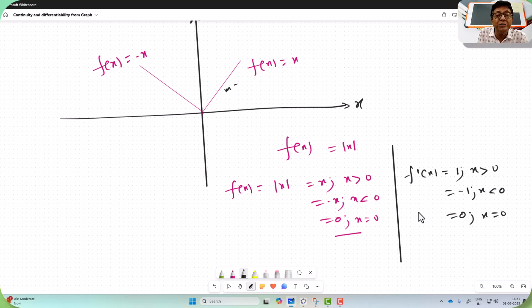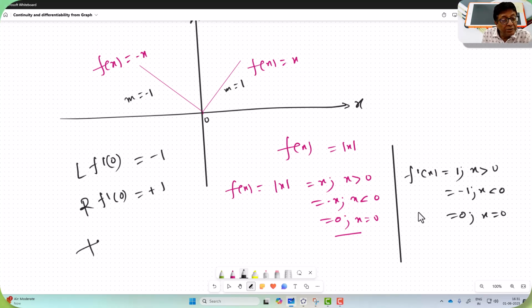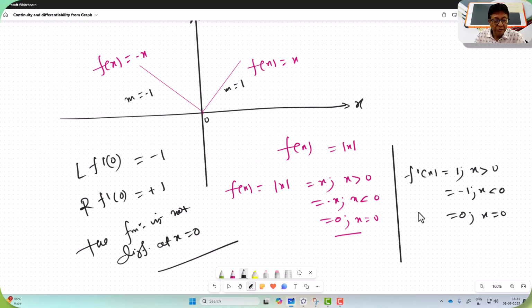So slope of this part is 1, slope of this part is minus 1. So at x equal to 0, L f dash 0, that is slope of tangent, is minus 1, R f dash 0 is plus 1. The function is not differentiable at x equal to 0.